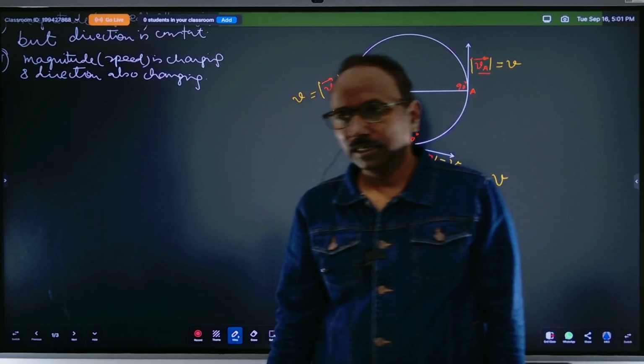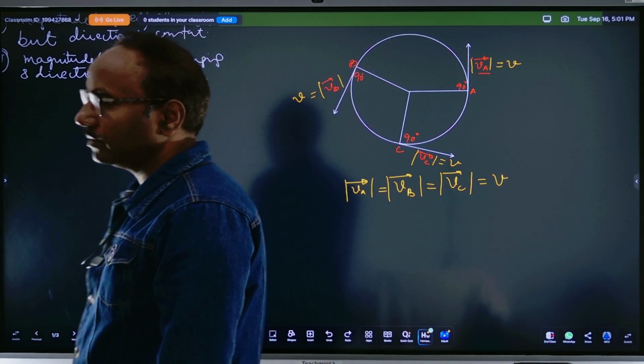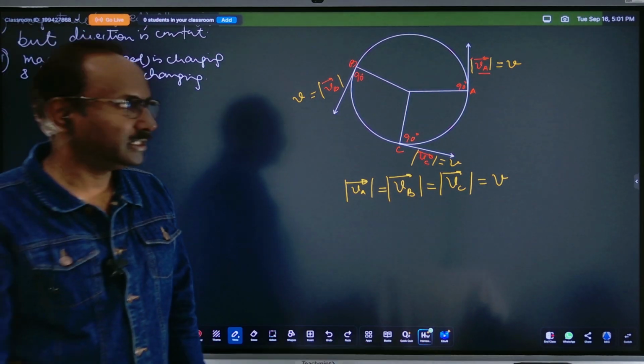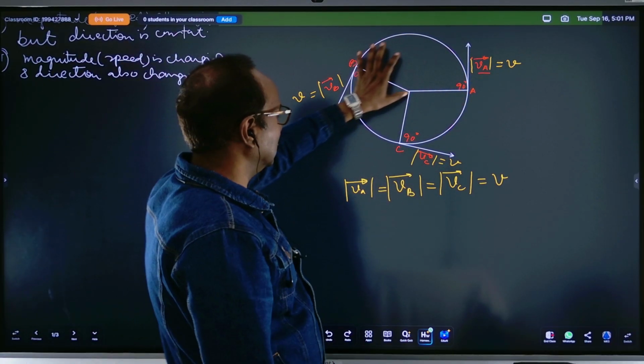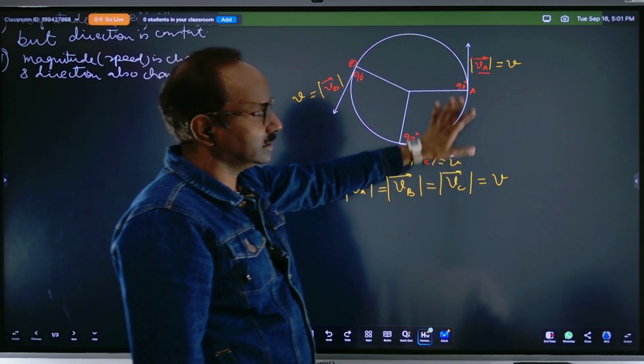Since we are studying right now about the circular motion, we have taken this example that the body is moving in the circular path.